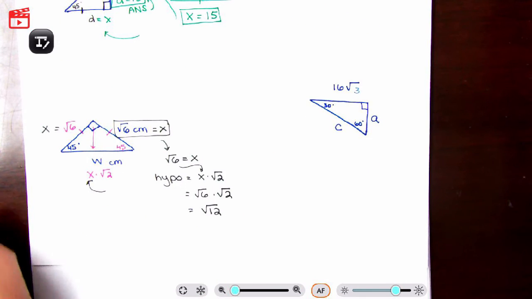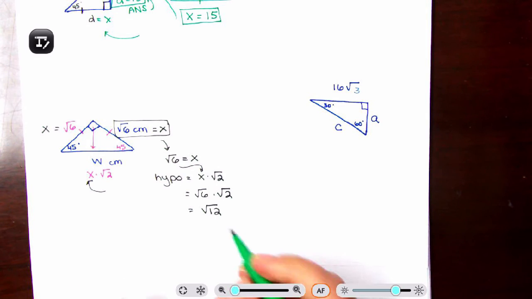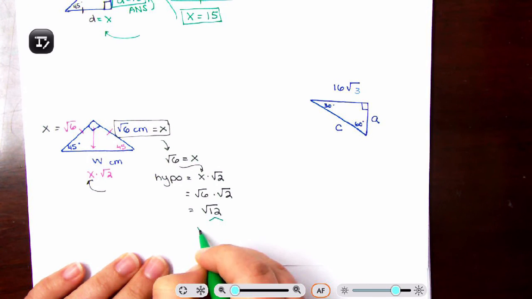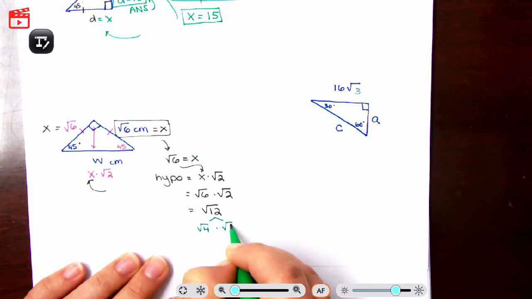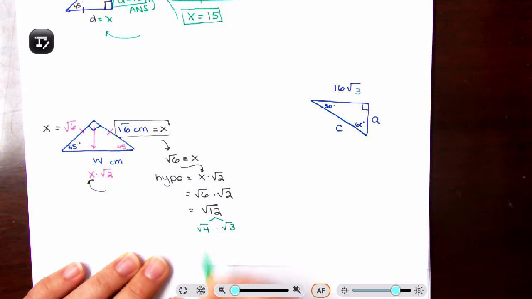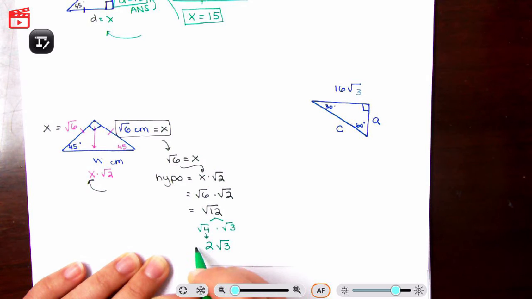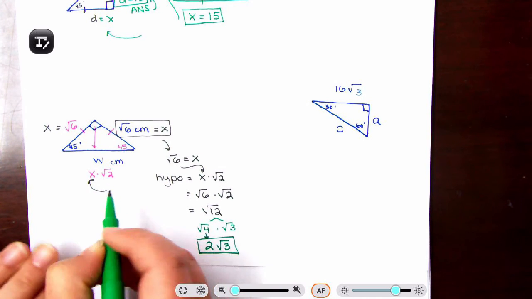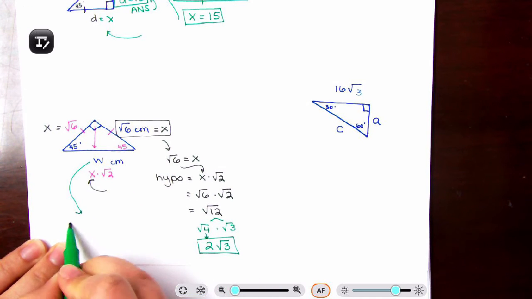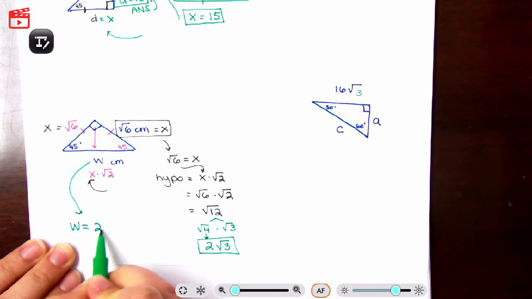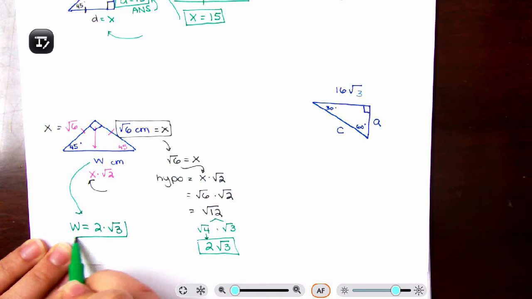You need to have them in simplest radical form. So that means I'm going to split this up. I have a root 4 times root 3, because 4 times 3 is 12. The square root of 4 is 2. The square root of 3 is not pretty, so we keep it. And so this right here is your answer. W is equal to 2 times the square root of 3.